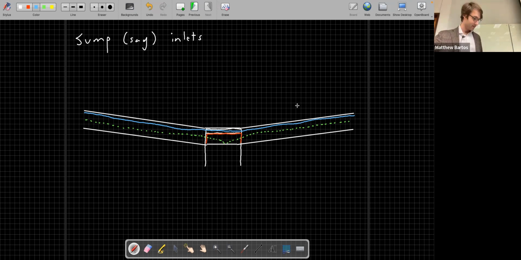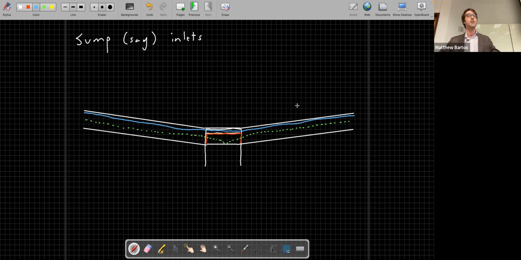Are there any questions on these different types of curb inlet situations? Cool. So let's go ahead and talk about the design procedure for inlets.